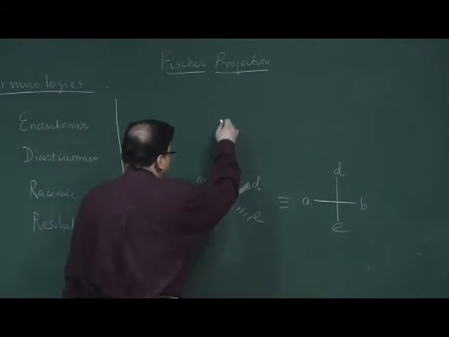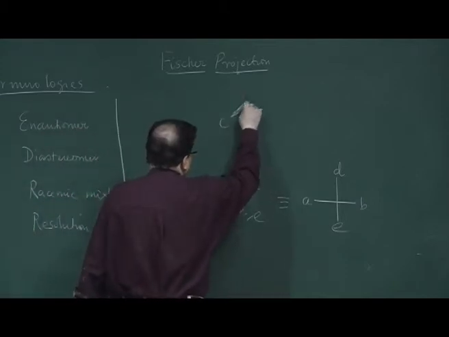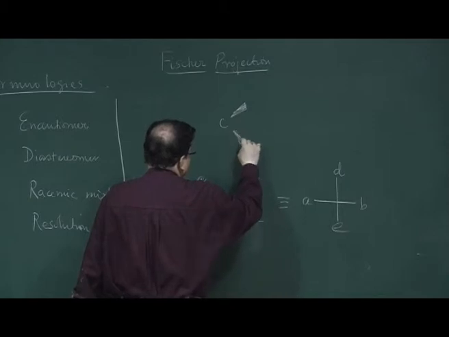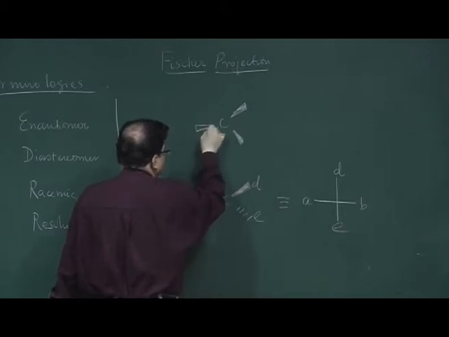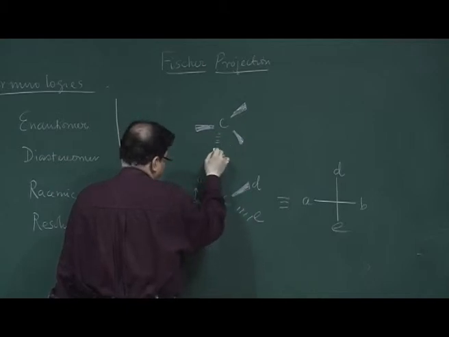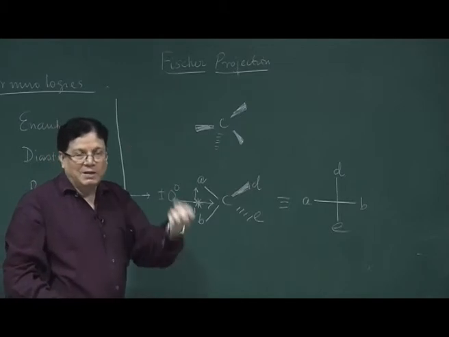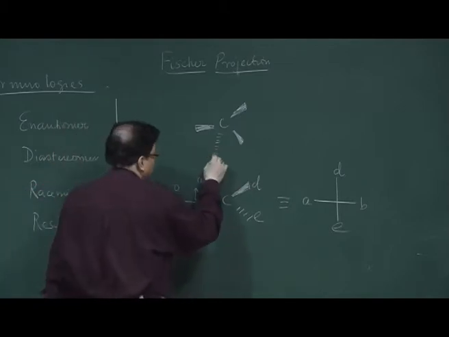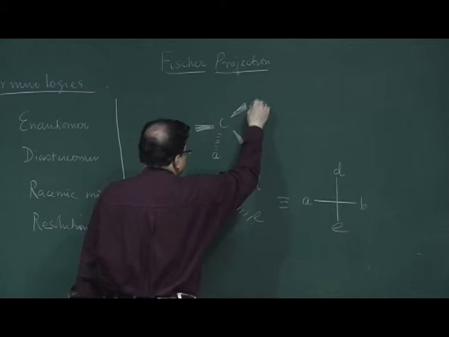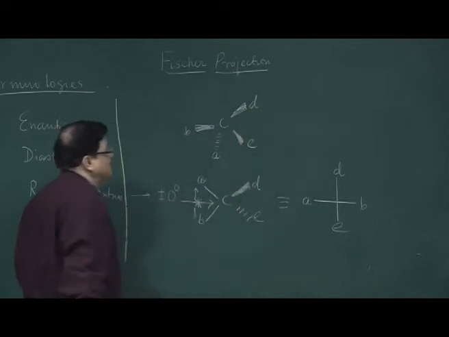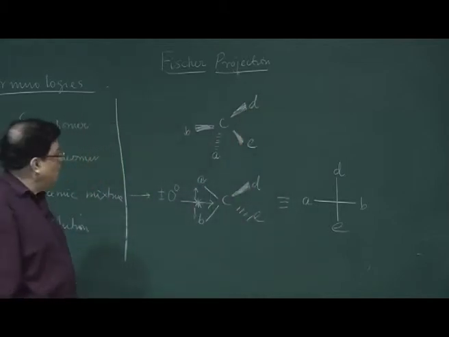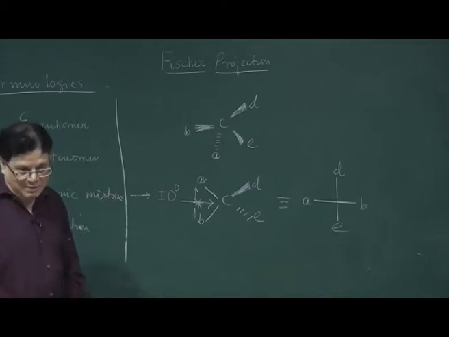The situation may be a little bit more complicated. Say I have three bonds like this above the plane of the board, and as I said, if three bonds are above the plane, then the fourth bond has to be below the plane. If that is the case, how do you draw the Fischer projection from this?